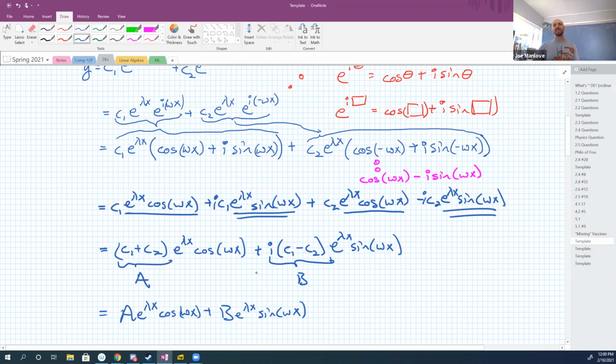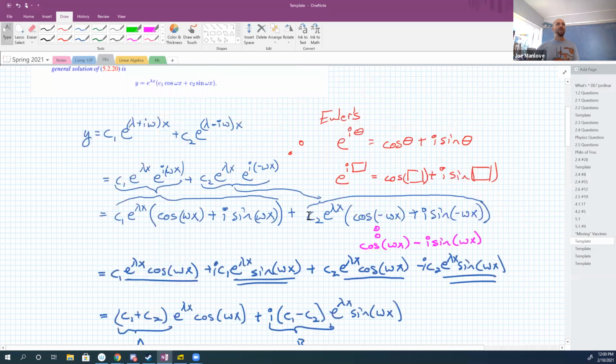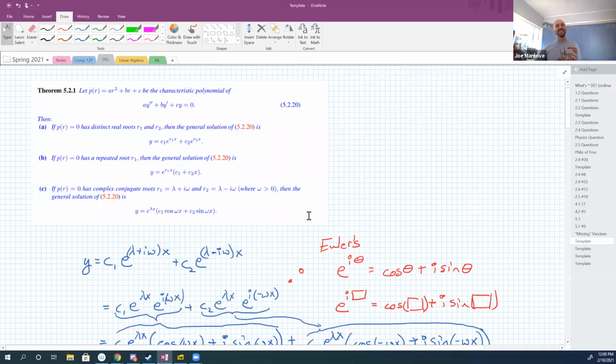And yeah, this is a little bit confusing because in the beginning of this, there really are supposedly three cases lined out here, right? There's the case where there are two distinct real roots, there's the case where there's a repeated real root, and then there's the case where there are two distinct complex roots.